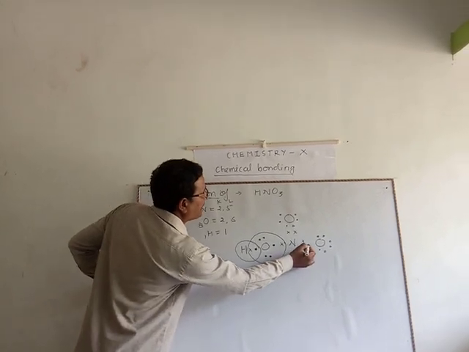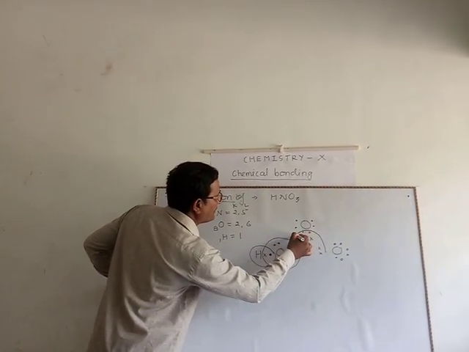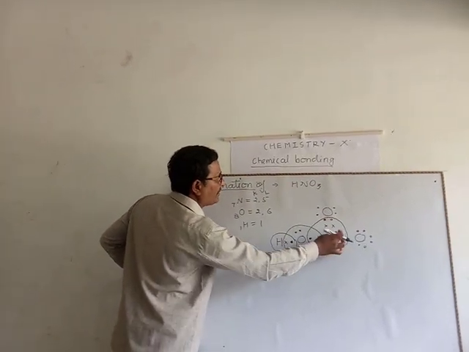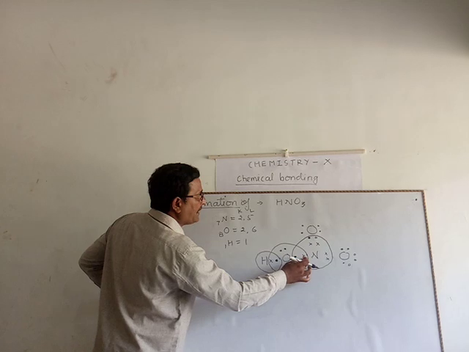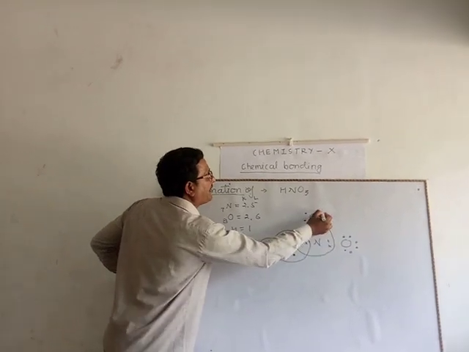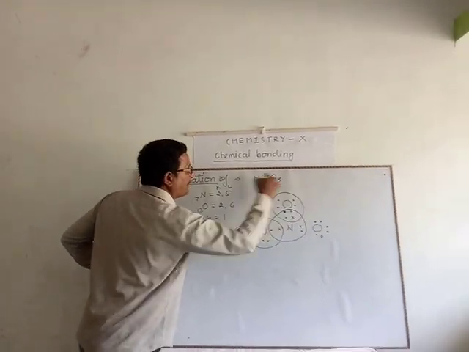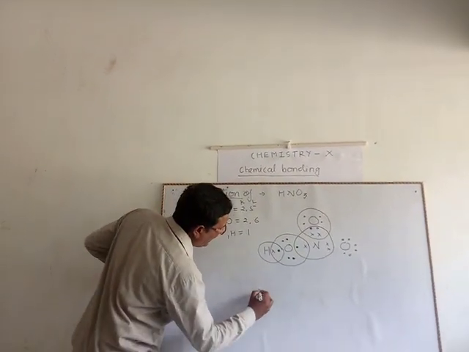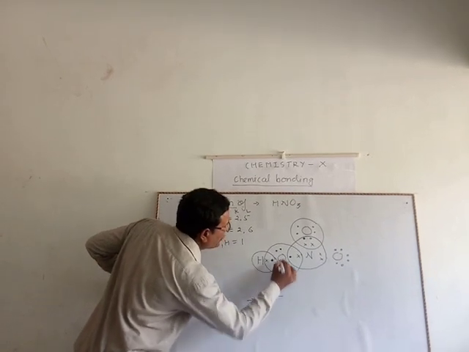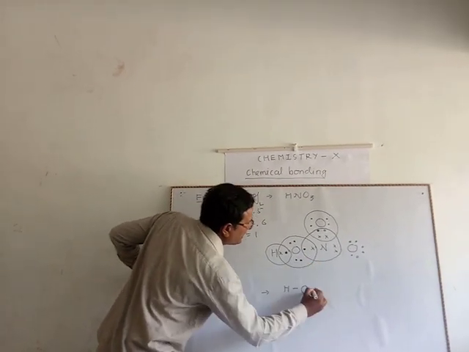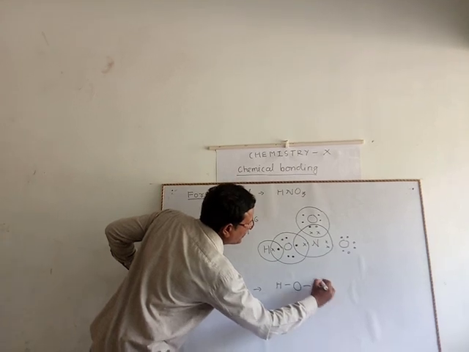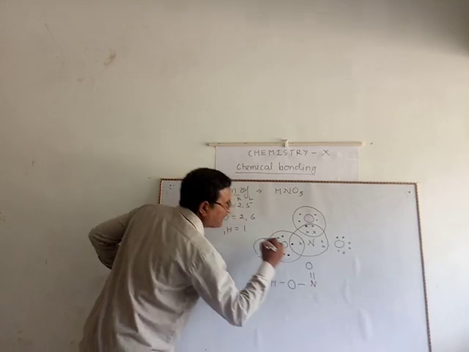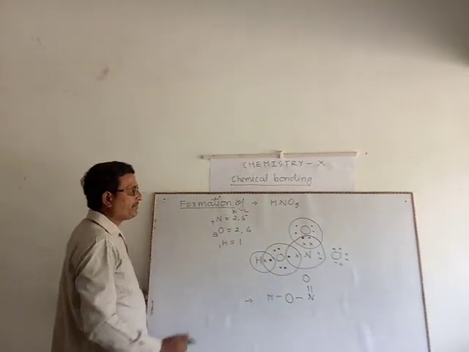Now the octet of nitrogen is also completed. See, 4, 5, 6, 7, 8 electrons. And the octet of this oxygen is also completed. This is the electron diagram. Now see, hydrogen shares 1 electron with this oxygen, and oxygen shares 1 electron with nitrogen. And nitrogen shares 2 electrons with this oxygen, meaning a double covalent bond.